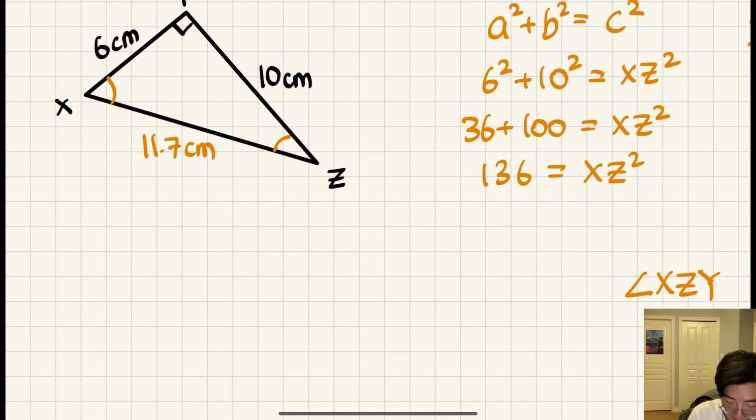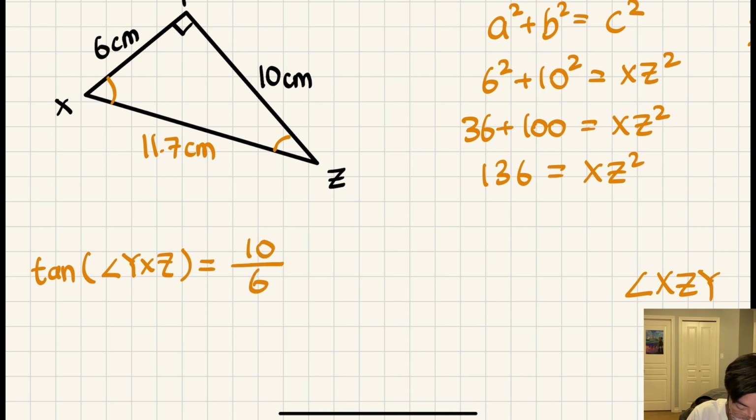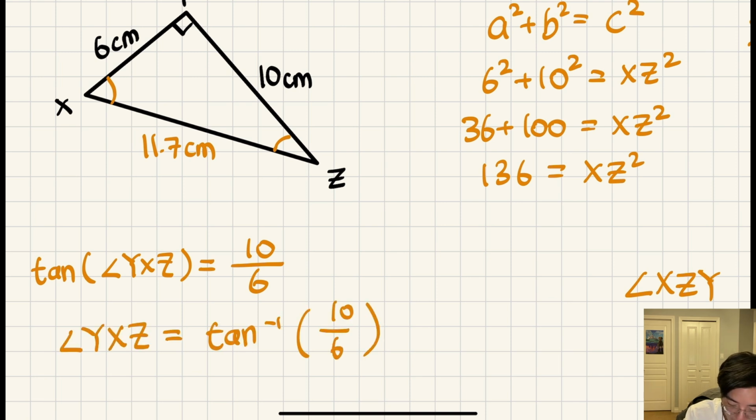So this means that the tangent of YXZ is equal to the opposite, which is 10, over the adjacent, which is 6. And from here, we can use the inverse tangent function on our calculator. So just inverse tangent the 10 over 6.